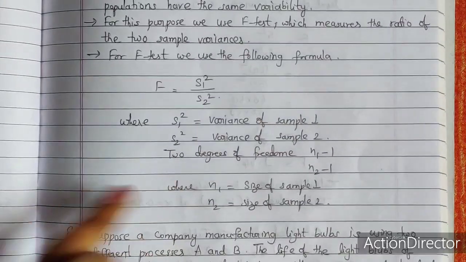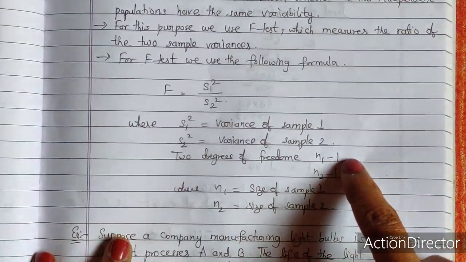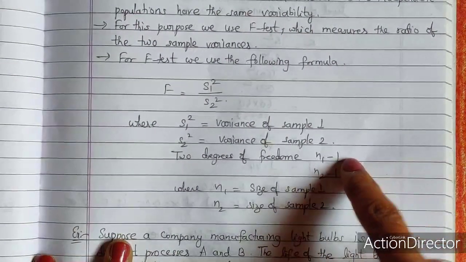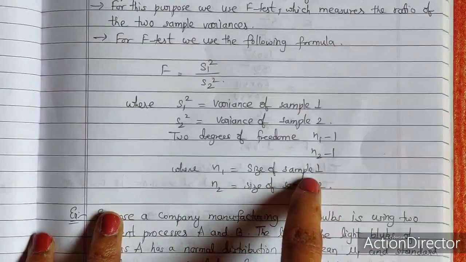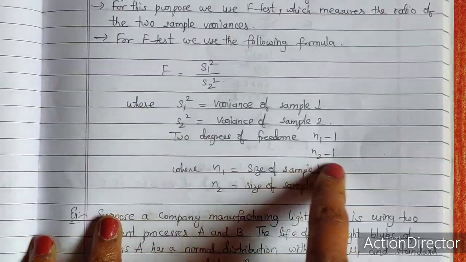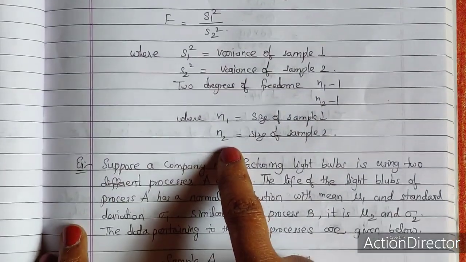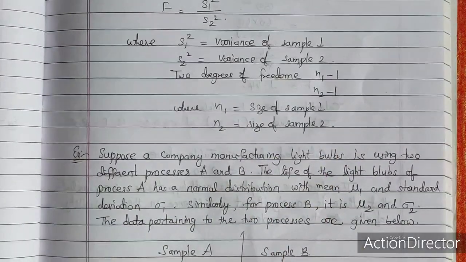We take two degrees of freedom: for the numerator N1 minus 1, where N1 is the size of sample 1, and for the denominator N2 minus 1, where N2 is the size of sample 2.